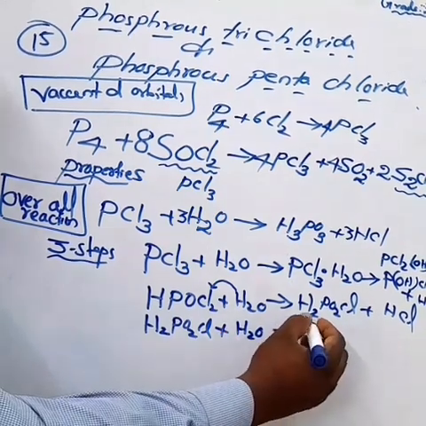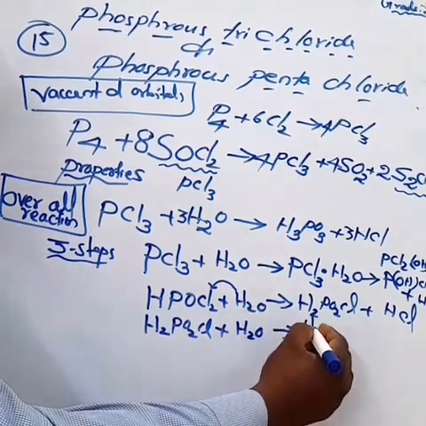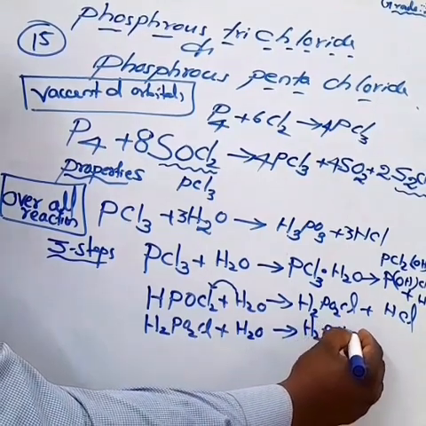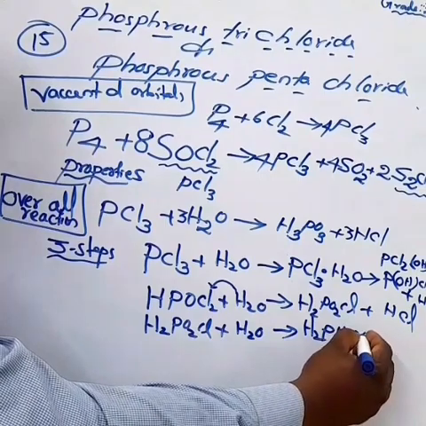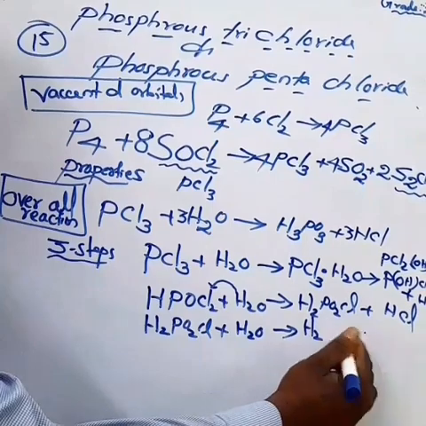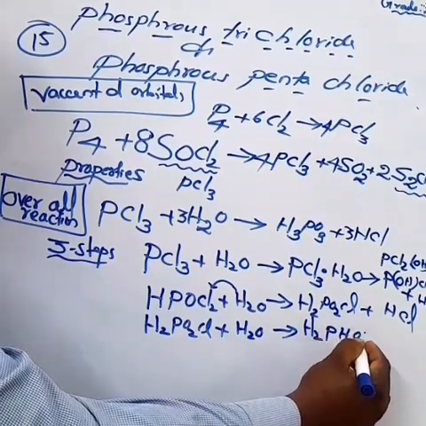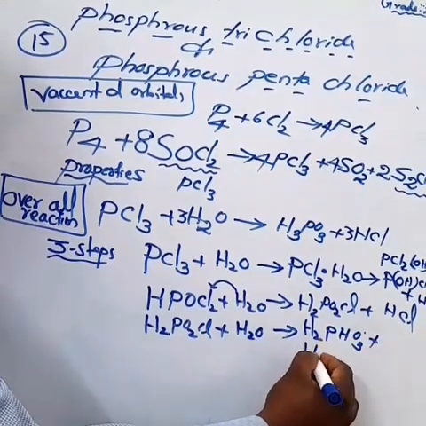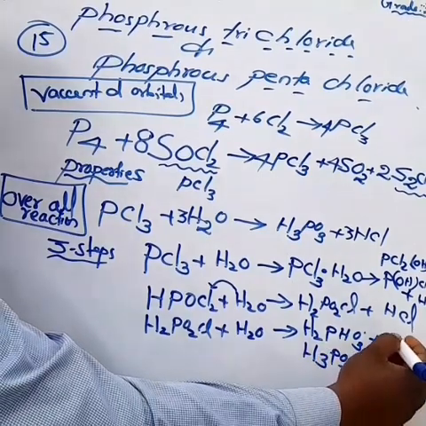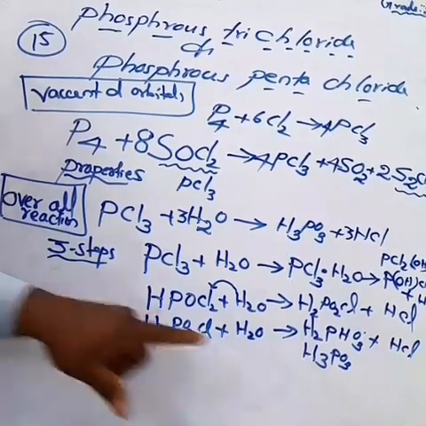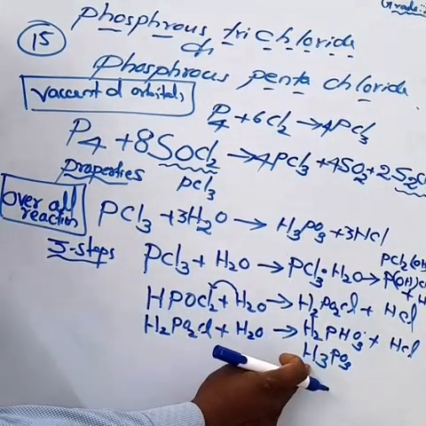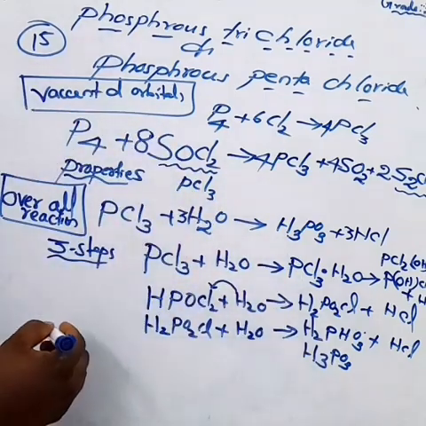It can be written as H2PHO3, otherwise we can write H3PO3, plus HCl. What is H3PO3? Phosphorous acid. Now we get the phosphorous acid product.